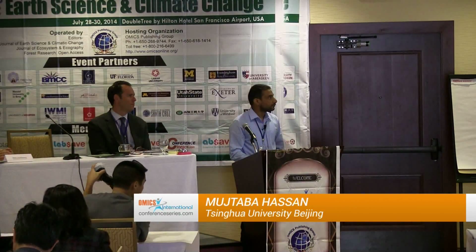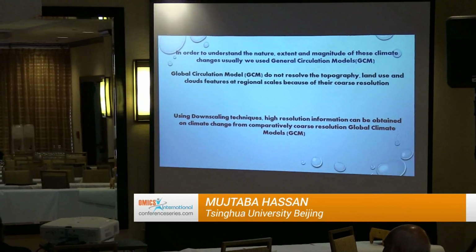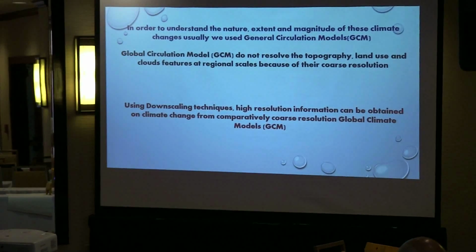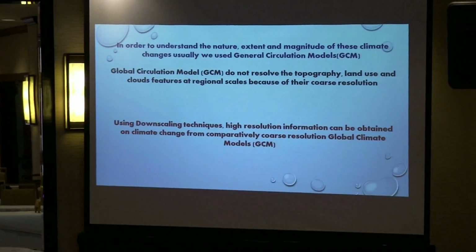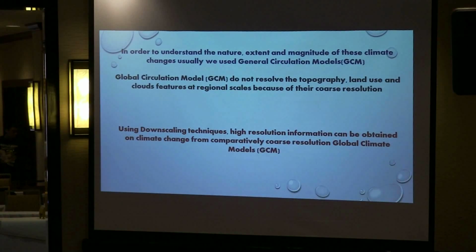So, in order to understand the nature, extent and magnitude of these climate changes, usually we use global circulation models. But the problem with global circulation models is that they have a low, coarse resolution, and they cannot resolve the topography, land use, and cloud features at the regional scale.